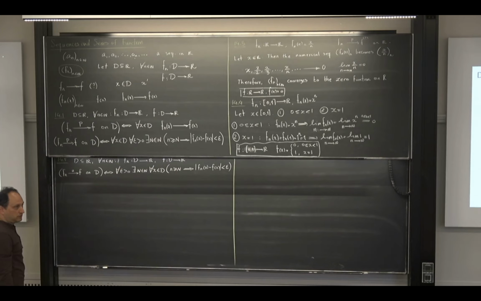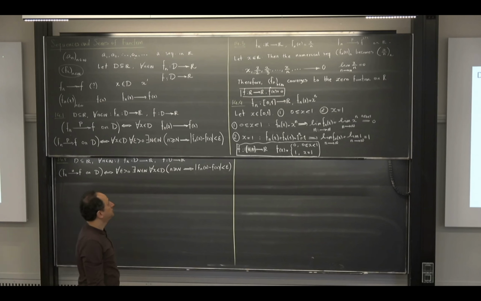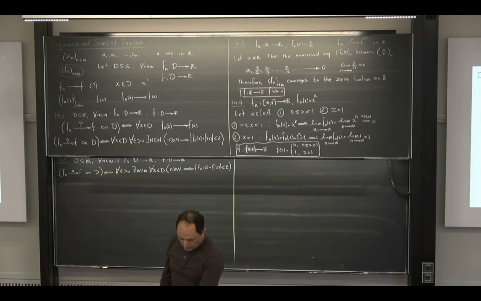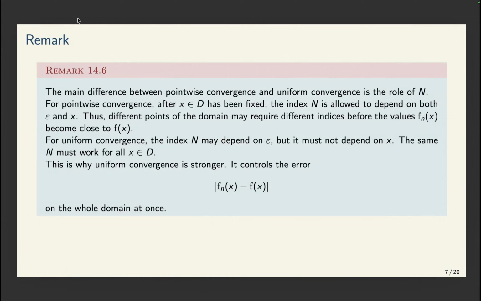Any questions? Yes? So in this case, 14.3 has uniform convergence and 14.4 doesn't have it. Yes. Okay, so let me read this one for you, might be that's good. The main difference between pointwise convergence and uniform convergence is the role of n. For pointwise convergence, after x in D has been fixed, the index n is allowed to depend on both epsilon and x.